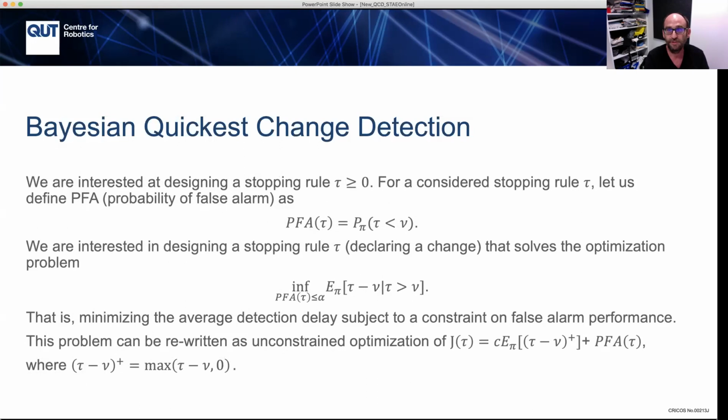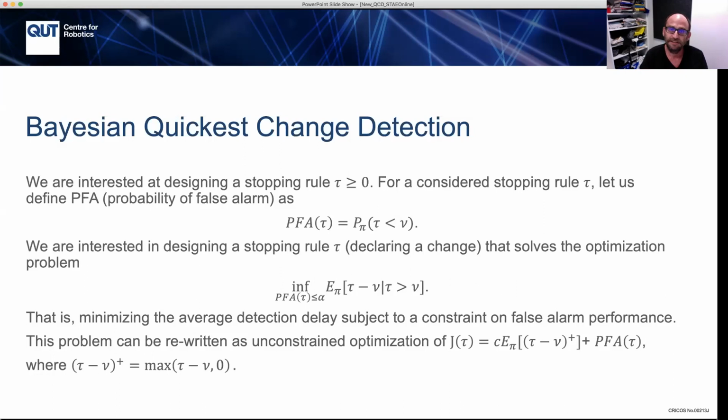So if we stop before the change event, it's a false alarm, and hence the probability of doing that is the probability of false alarm. And we're interested in designing a rule which solves this constrained optimization problem, where we want the smallest expected delay subject to a certain constraint on the probability of false alarm.